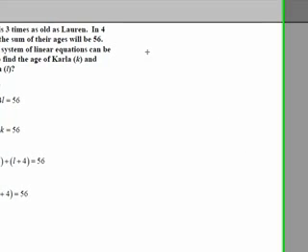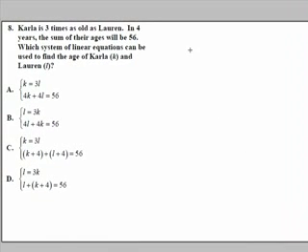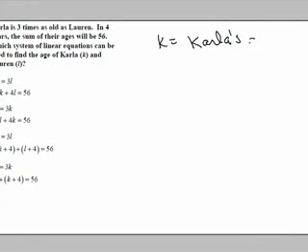Like I did in the class, I like to define what my variables represent, which they've done for us in the problem already. So K is equal to Carla's age, and L is equal to Lauren's age.